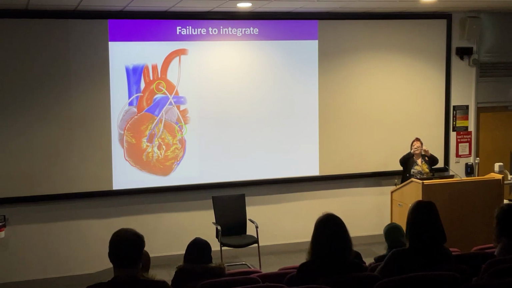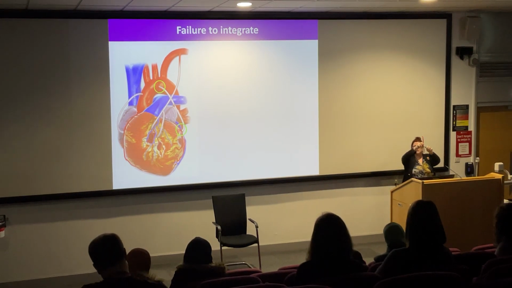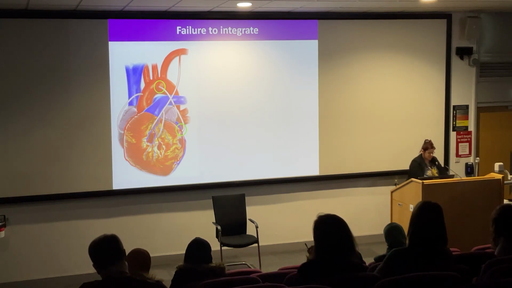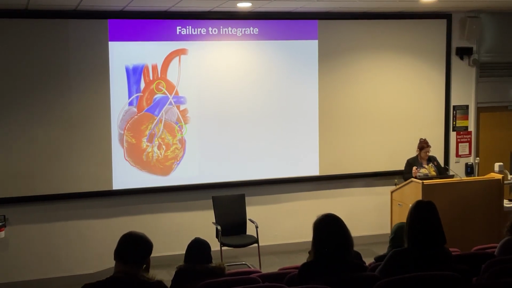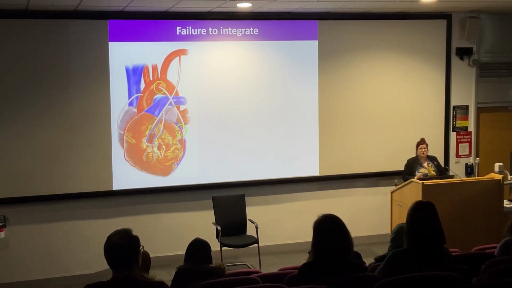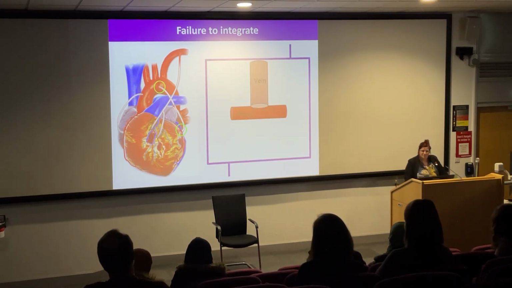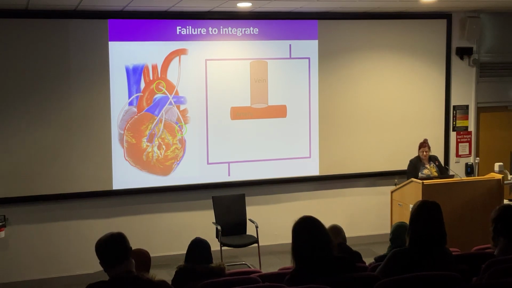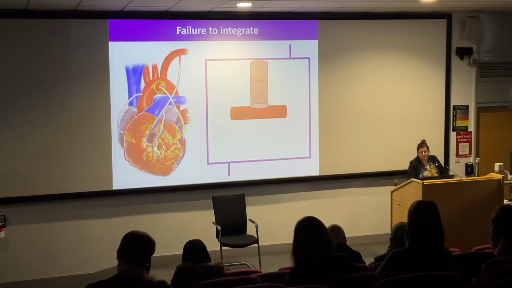If you think about it like welding pipes together, you want a nice strong weld, and so your smooth muscle cells are going to have to de-differentiate first to be able to do that. That site where they attach is called an anastomosis, and I really struggle with saying that word as well, so that's the only time I'm going to say it. So there, we've got our vein and our artery, and we need to make sure that this bit here and this bit here gets that nice strong link.